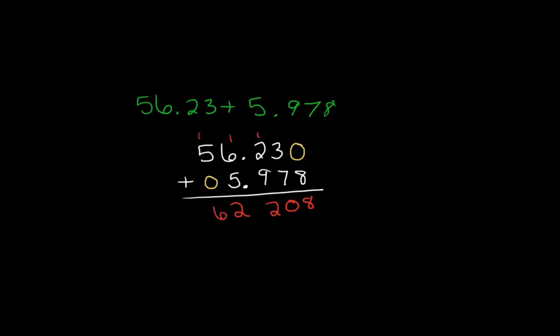Your decimal for your answer is going to go right in line with the other decimals, between the two 2's. They didn't tell us that we had to round to any specific place value, so this is our answer. It's 62.208.